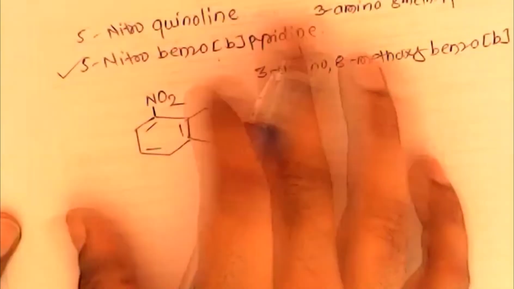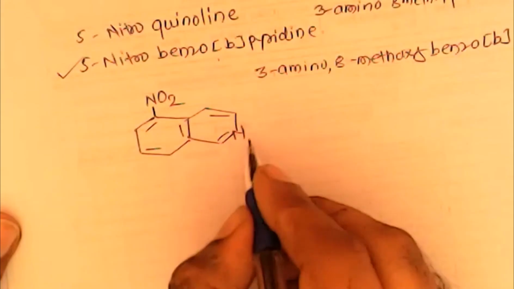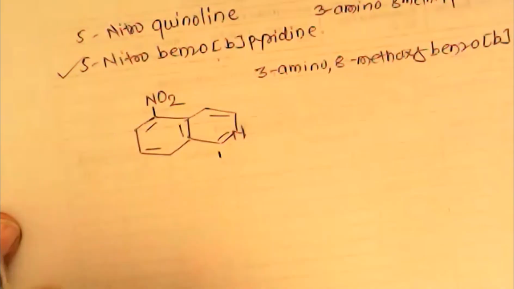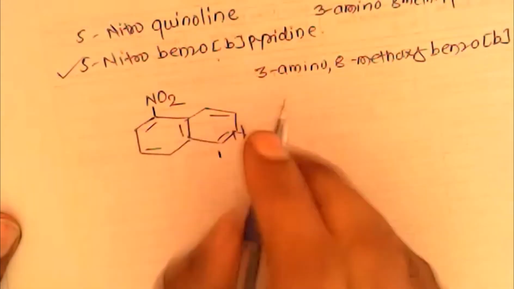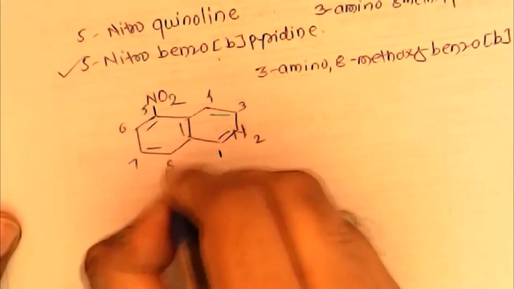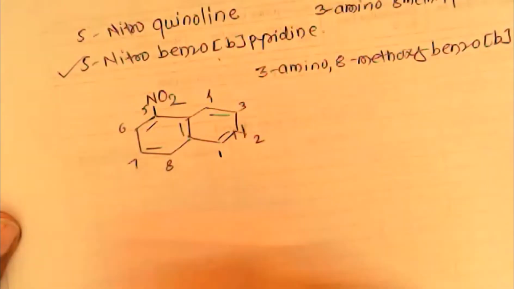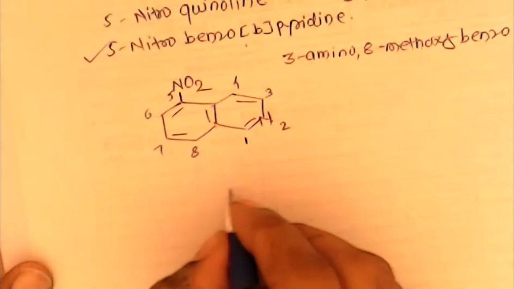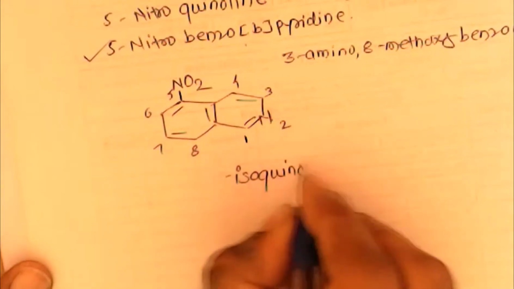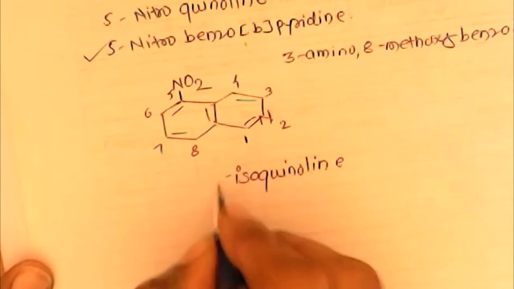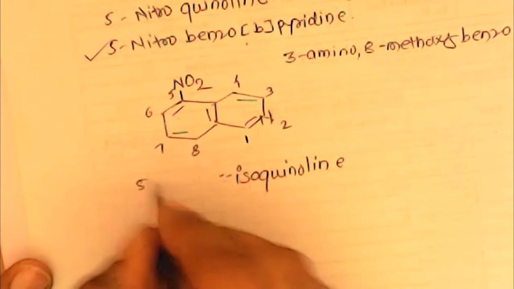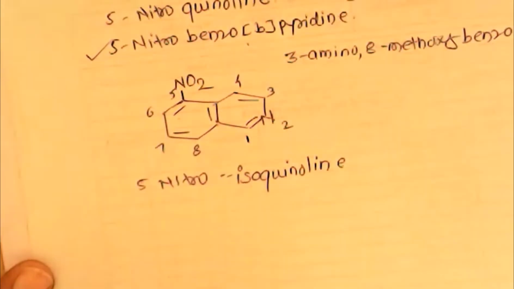The only thing to keep in mind there is the numbering pattern. In isoquinoline the numbering does not start from nitrogen, but from the carbon atom before the nitrogen. So that is 1 2 3 4 5 6 7 8. Okay, so this is the isoquinoline. And at the 5 number carbon atom a nitro group is attached, so it is called 5 nitro isoquinoline.